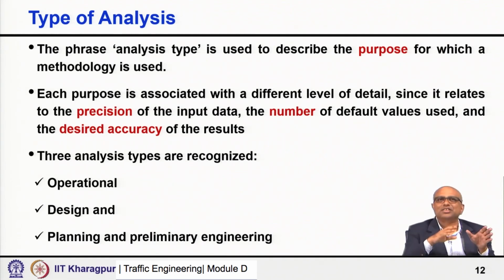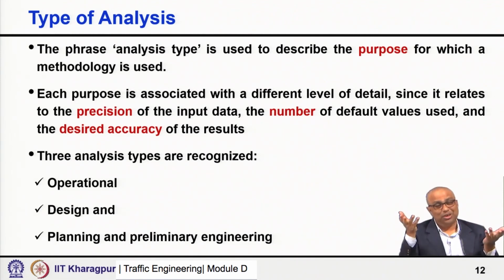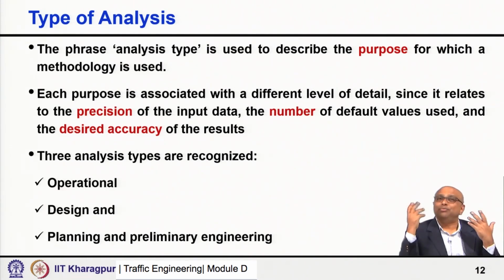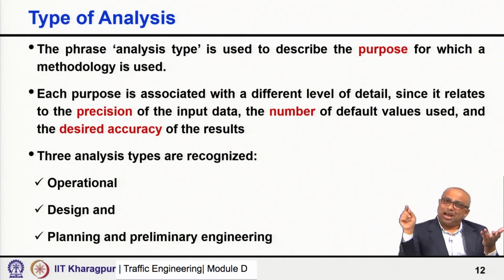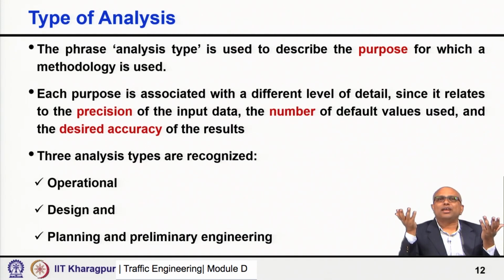Since it relates to the precision of the input data, it will also dictate how much precision is required, how many default values can be assumed for analysis, or whether I have to go to the field and get all the context-specific data, and how much accuracy I require for the analysis.